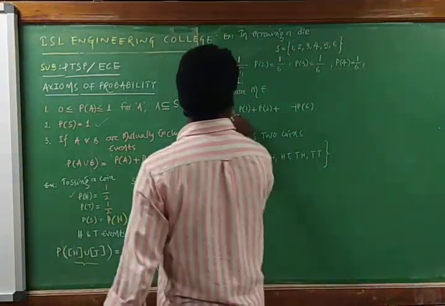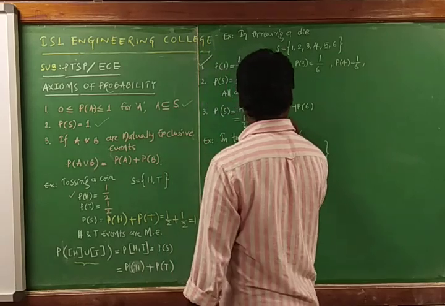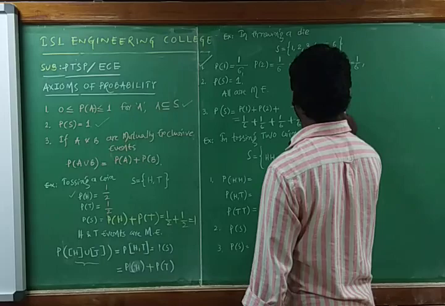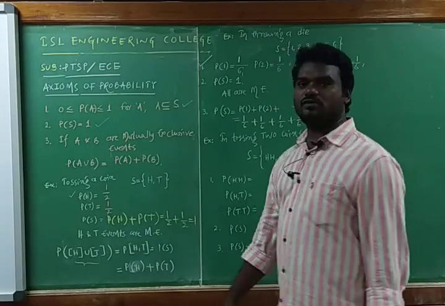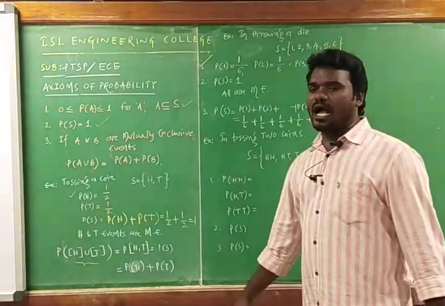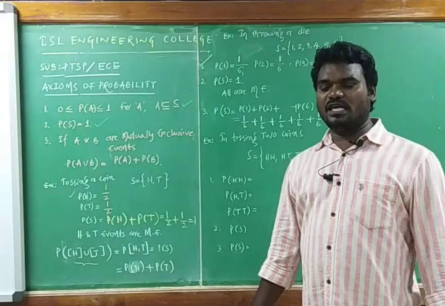And here we have 1 by 6 plus 1 by 6 plus 1 by 6 plus 1 by 6 plus 1 by 6 plus 1 by 6, which is equal to 6 by 6, which is equal to 1. That means the probability of the sample space is equal to 1.